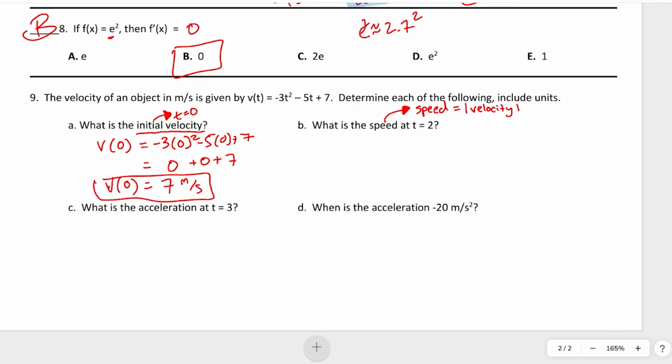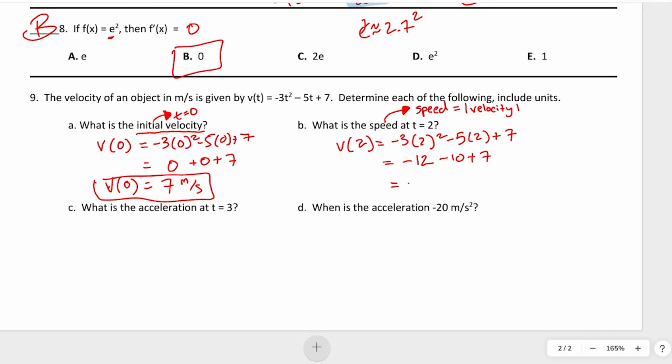So at t equals 2, we want v of 2. So negative 3 times 2 squared minus 5 times 2 plus 7. Negative 3 times 4 is negative 12. 5 times 2 is 10. So we've got negative 22 plus 7. Or I think it might be easier for me to group negative 10 and 7. So that negative 10 and 7 is going to be negative 3.